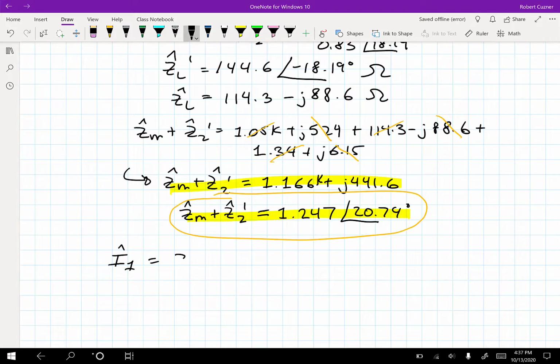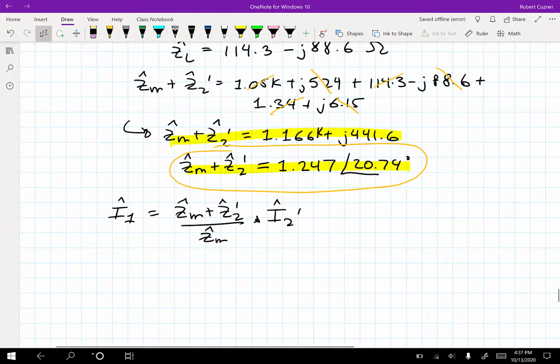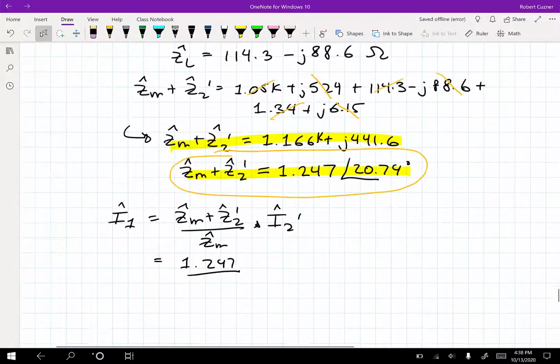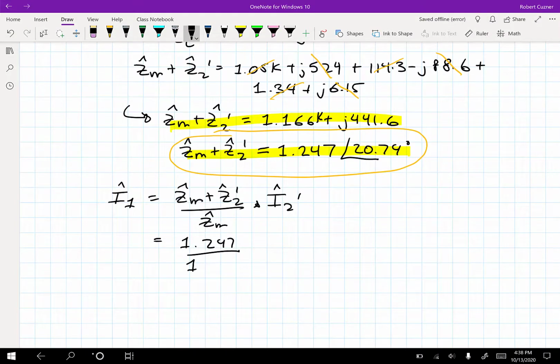is equal to ZM plus Z2 prime over ZM times I2 prime. That's 1.247 over 1.17. Now these have a k, they're 1,000, but that's going to cancel.